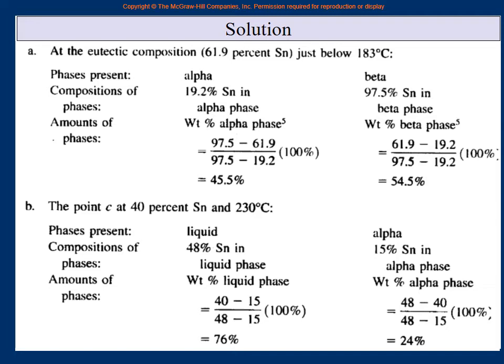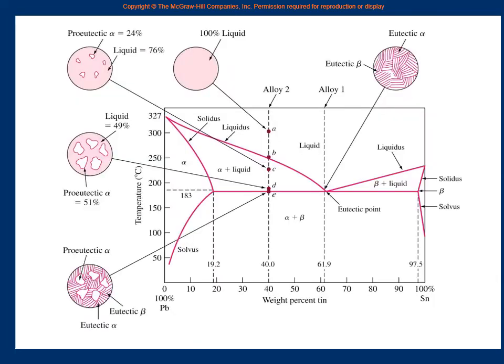The others are simple. At 230 Celsius, find the values, write it, right? So that is why I wanted to show you again that, forget about this one, we are going back to 61.9%. So they are saying just below it. So just below it is almost the same line. It goes, cuts alpha at 19.2%.